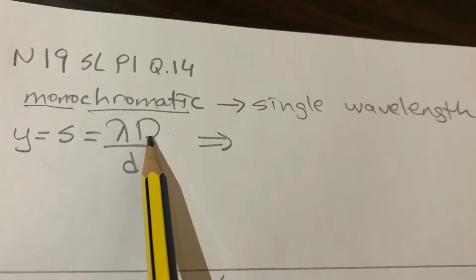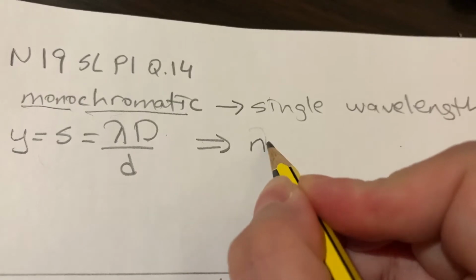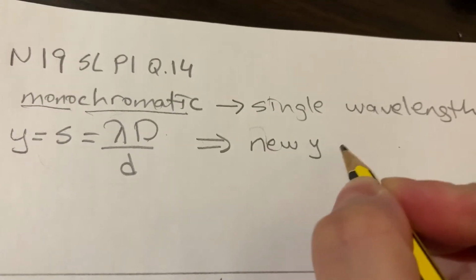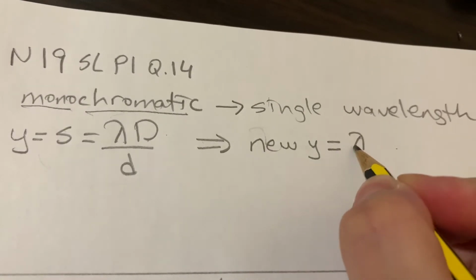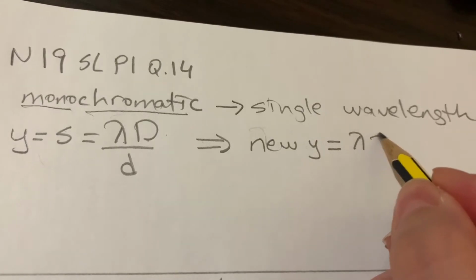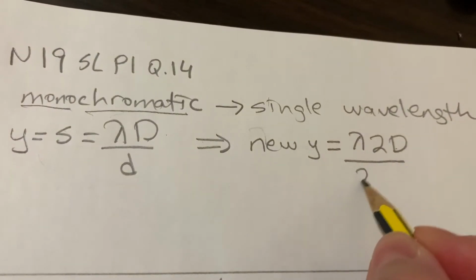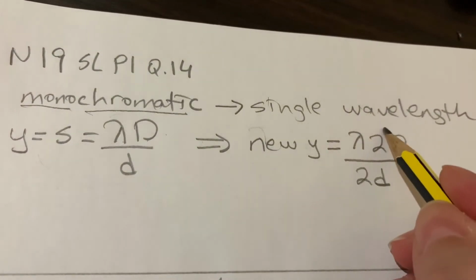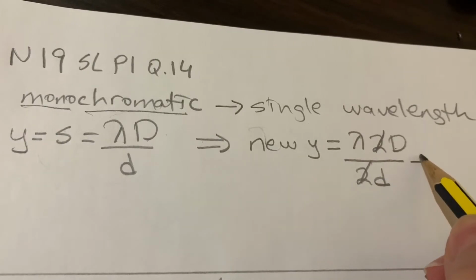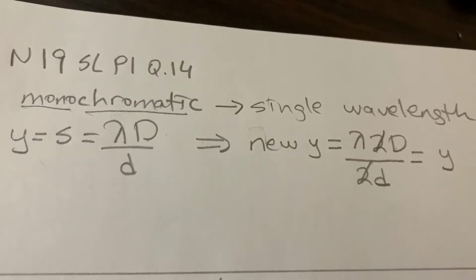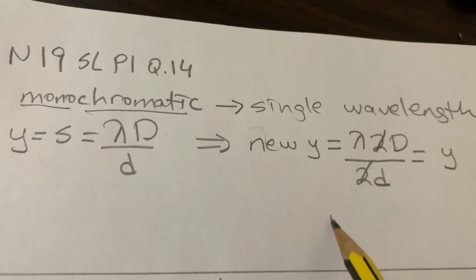The distance to the screen is doubled. So we can write the new Y as wavelength, which is unchanged, the distance to the screen doubled, and the separation of the slits doubled. These ratios cancel, and we still get the same Y, so it's unchanged.